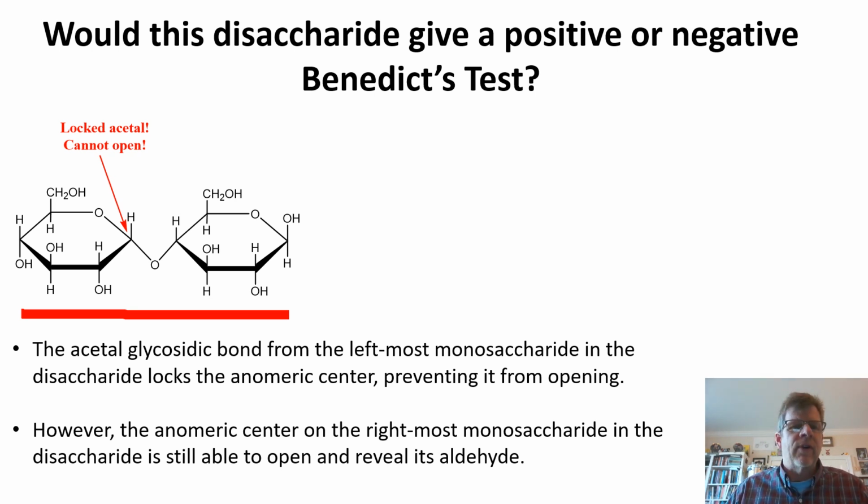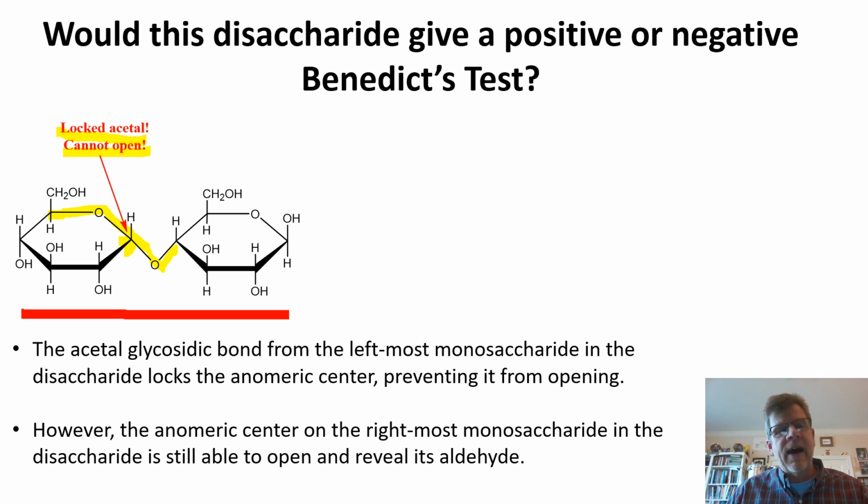In fact, we see even more clearly that the anomeric center right here on the monosaccharide on the left is locked. It cannot open, and if it cannot open, it cannot bear its aldehyde. It cannot reform it, because remember, this acetal, C-O-C-O-C, locks in that aldehyde.